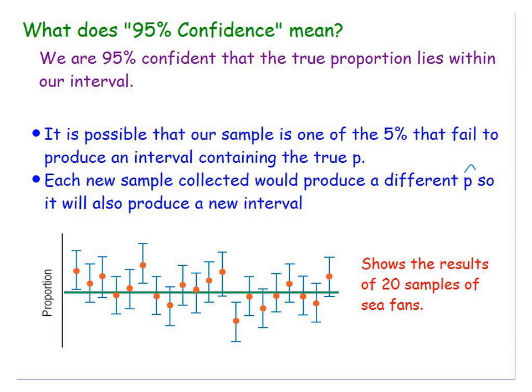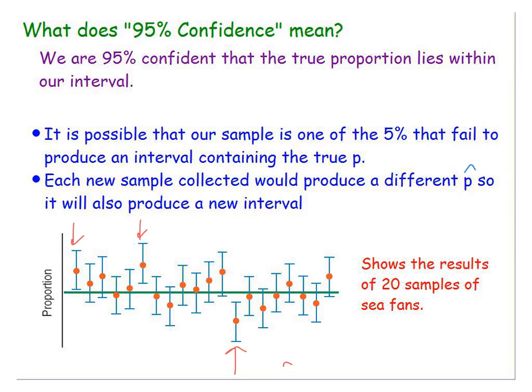Looking at this picture, this kind of gives you a visual. This green line that you see going through the middle represents the real proportion. That represents p. We're just making it up, but that represents p. I want to point out a few of your intervals. This first one right here, and this one right here, and this one right here. Do you notice that the first two are completely above the green line, and the third one is completely below the green line?